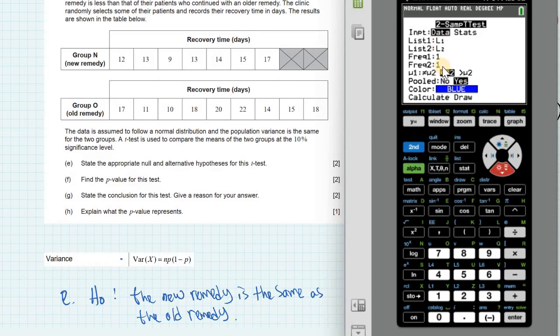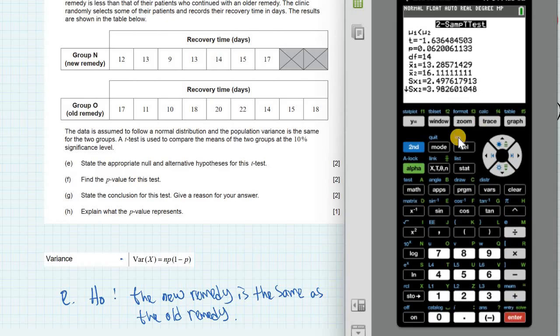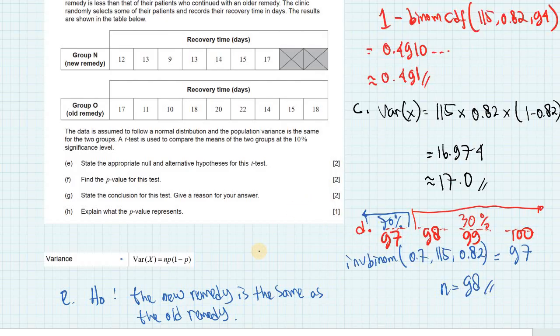It means mu2 is bigger than mu1. That will be our alternate hypothesis. In IB, the pooled option is always yes. After you make sure of that, you calculate and get the p-value of 0.062006.